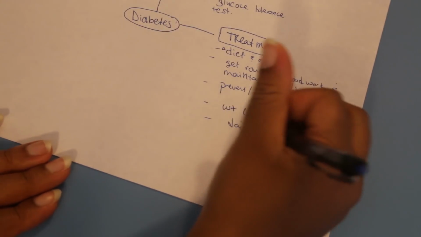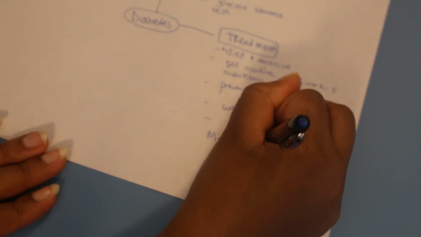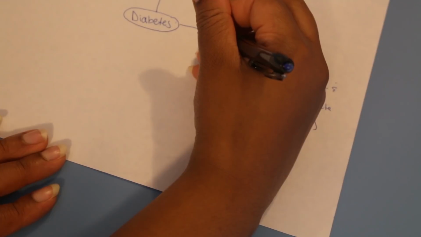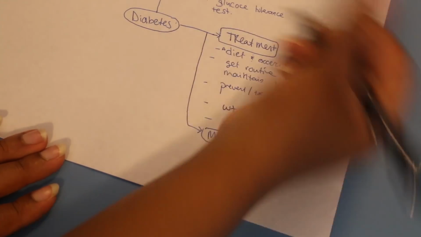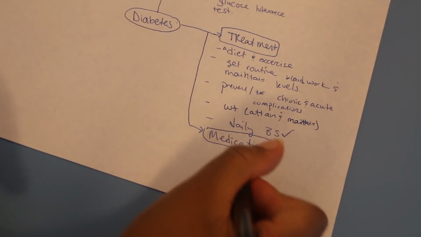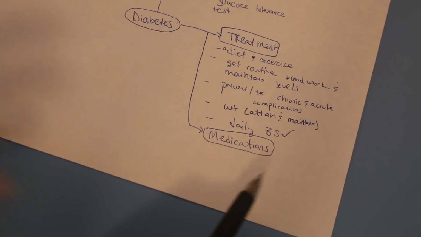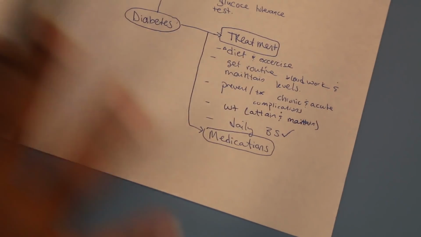Now, this is the treatment. Underneath treatment, I'm going to put medications. Now, like I said, diabetes is a huge disease, and so you could do just one concept map just on diabetic medications, all the different classes. You could do one for all the different insulins, all that good stuff.